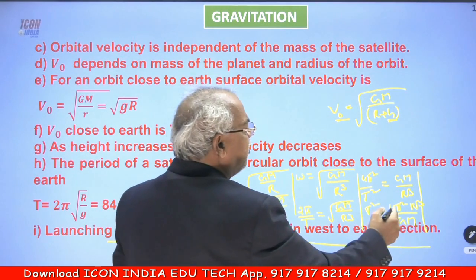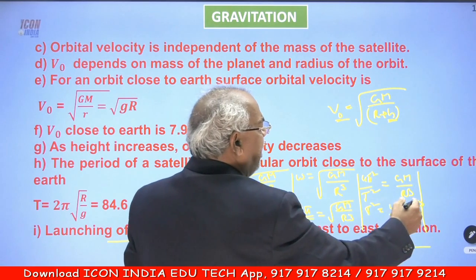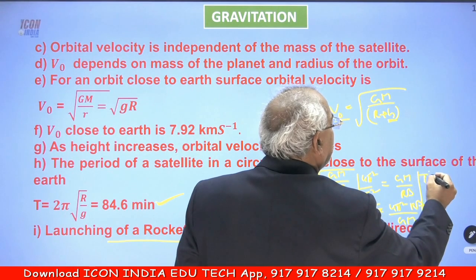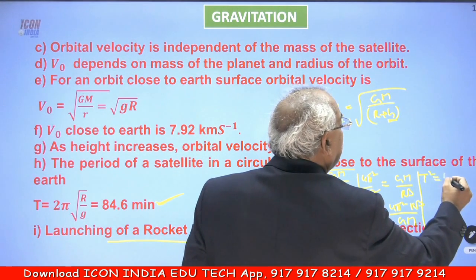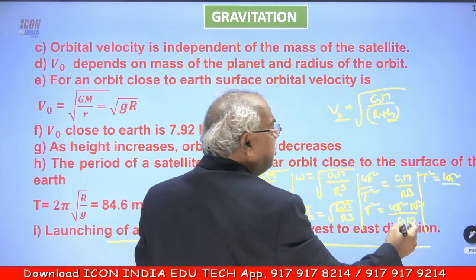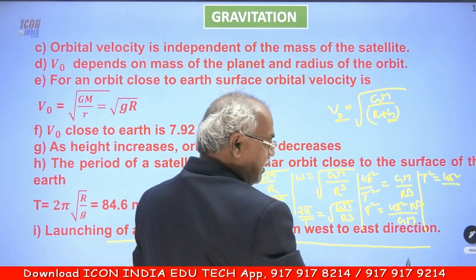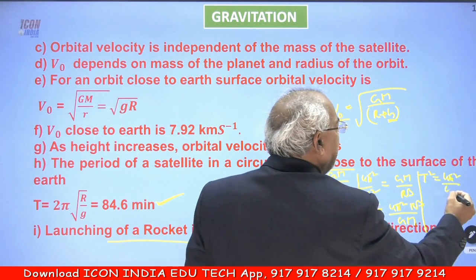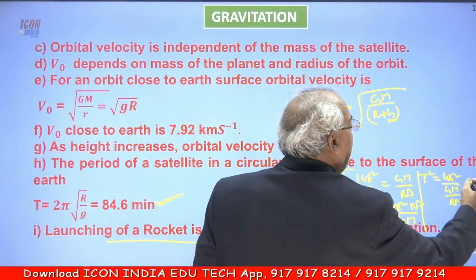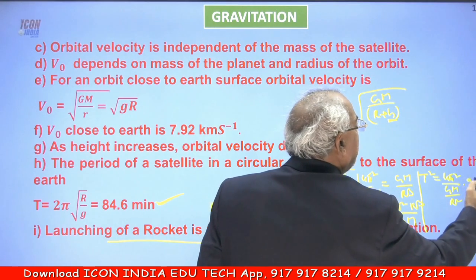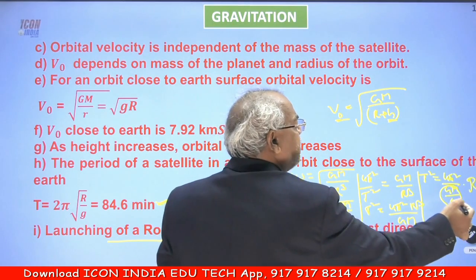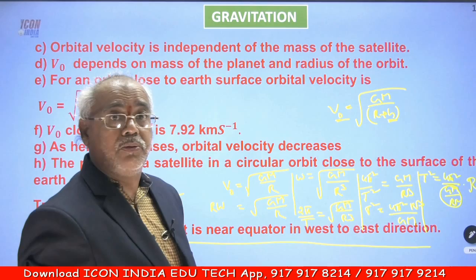So T square is equal to 4 pi square R cube by GM. In R cube you bring R square to the denominator, that is GM by R square into R. This GM by R square is nothing but the acceleration due to gravity.